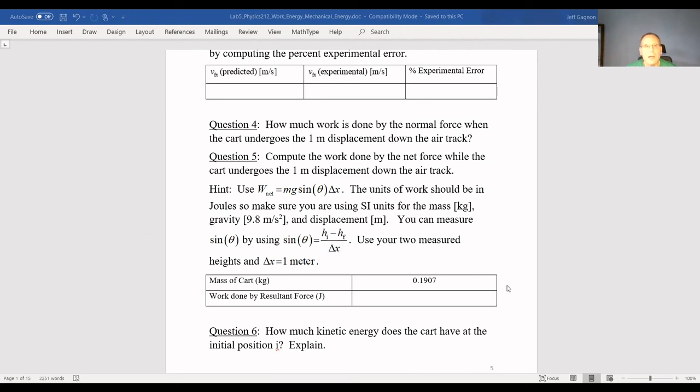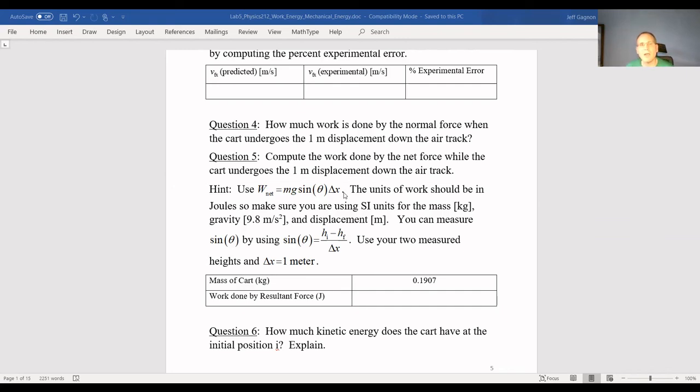Question 5. Now I want you to compute the work done by the net force, right, while it undergoes the 1 meter displacement. So remember, the net work is going to be the net force times delta x times cosine of the angle. But in this case, the net force was just the x component of the weight. The displacement is delta x, and it was cosine of 0, so I don't even have cosine in here. It's times 1, right?